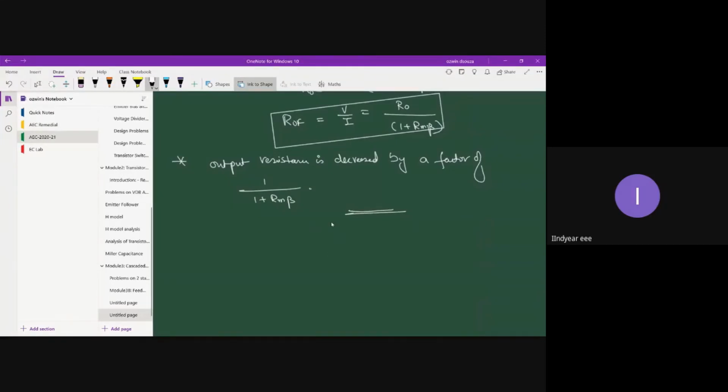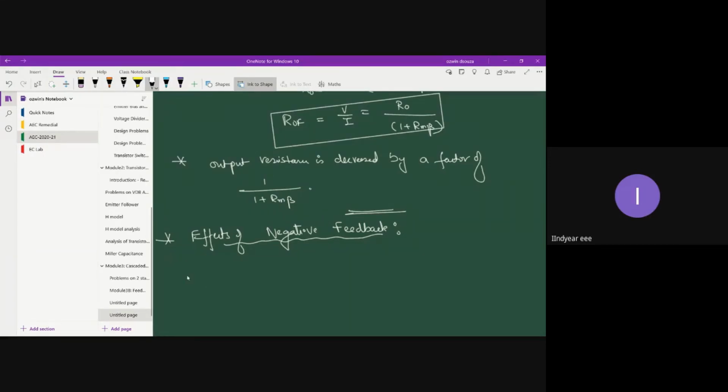So, effects of negative feedback. Effect of negative feedback, in the sense of how the negative feedback is affecting the circuit.